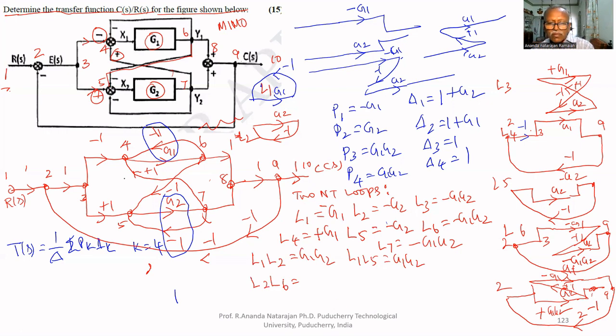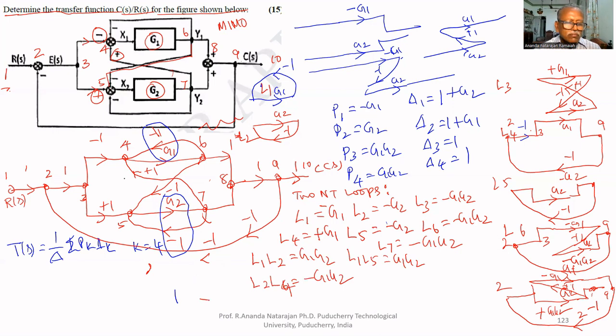L2 and L4 are not touching each other. L4 is plus G1. L2 is minus. Therefore, minus G1 G2. Only 3 pairs of two non-touching loops. That's all.